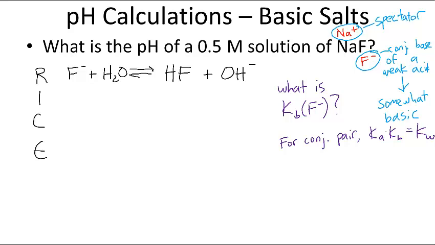And so if I look up the Ka for the conjugate acid, I can find the Kb. Kb of F minus is going to equal Kw divided by Ka of HF.